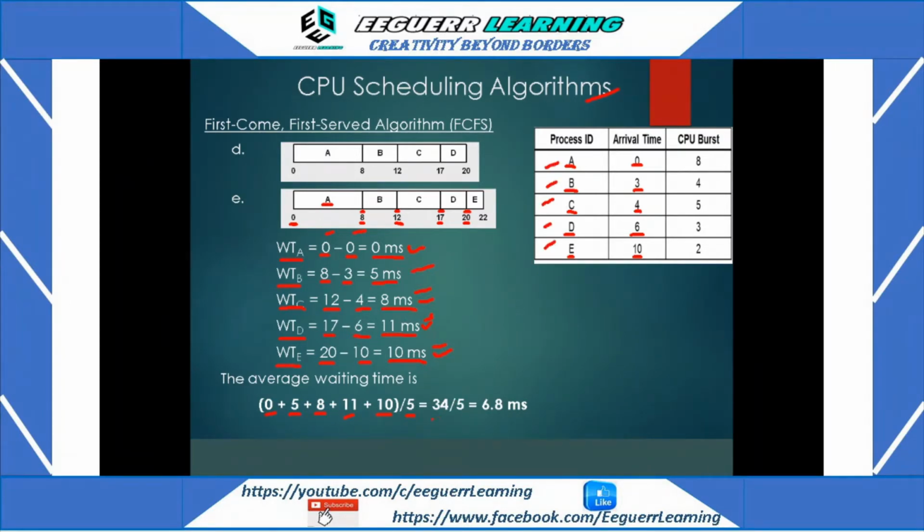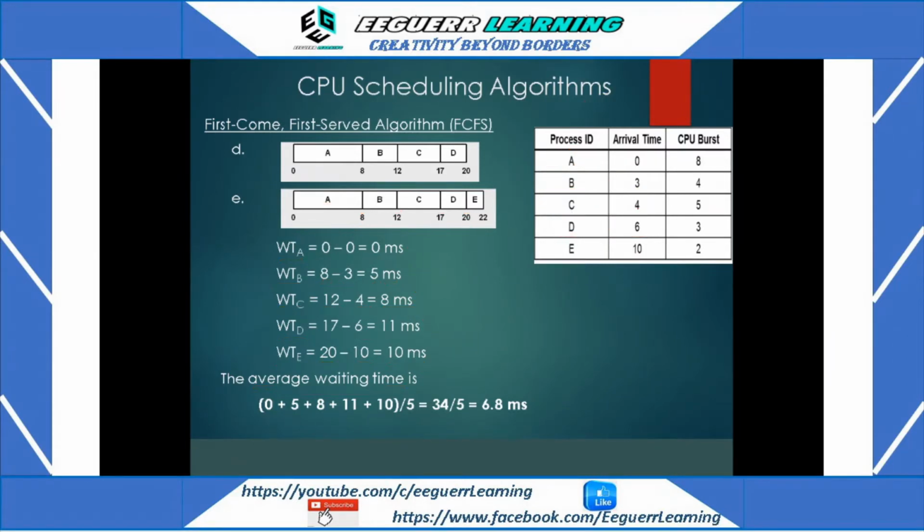That is the reason why we divide by 5. Adding these values gives us 34, and divided by 5 gives us 6.8 milliseconds. So the average waiting time for all these processes is 6.8 milliseconds.